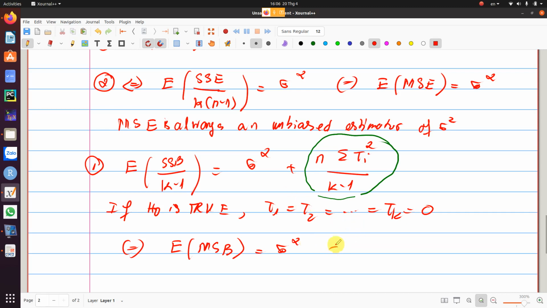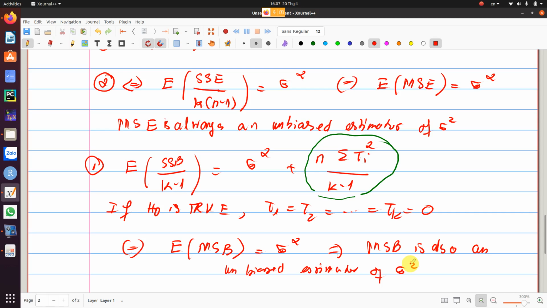Hence, MSB is also an unbiased estimator of sigma square.